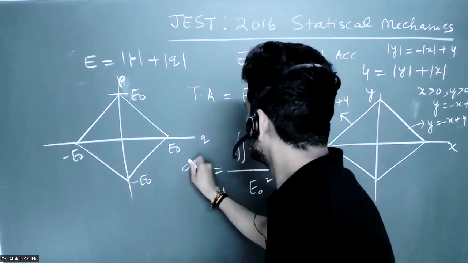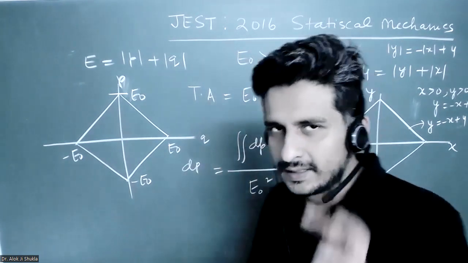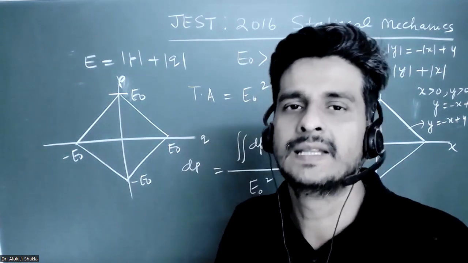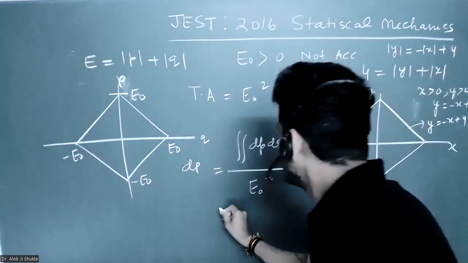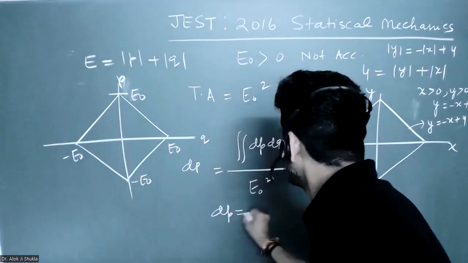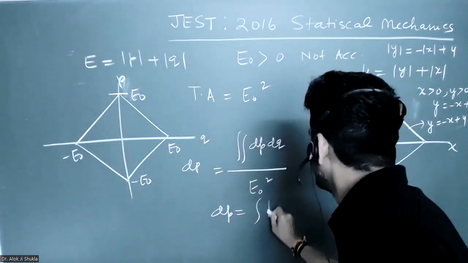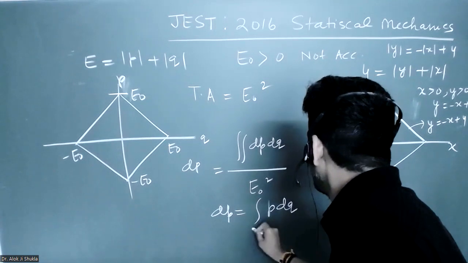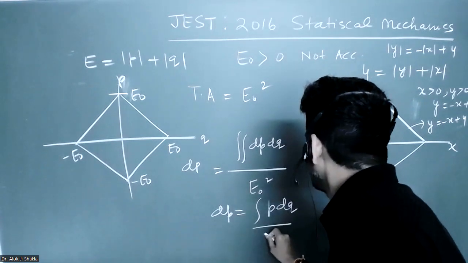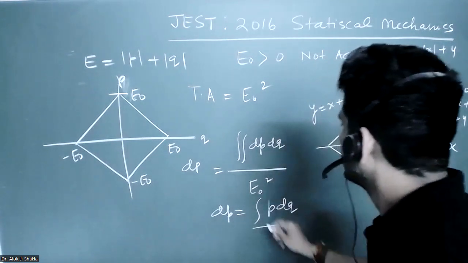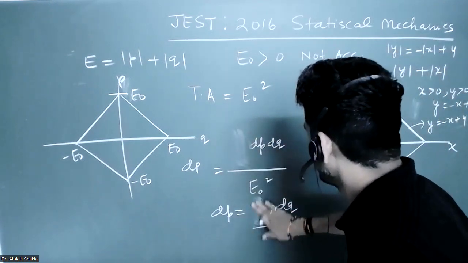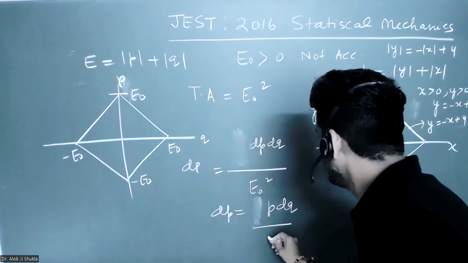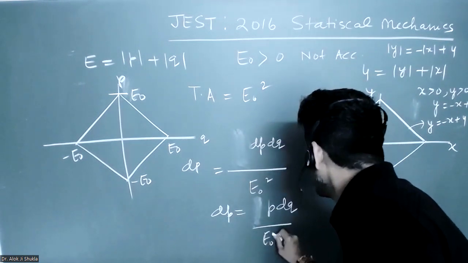This gives me a small probability, the probability of being in that state. If I write it in terms of one dimension, in terms of p, it becomes p dq by E naught square. I am writing a small one, so just remove the integral; it is a small probability.